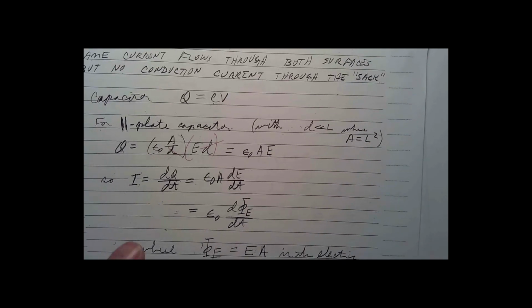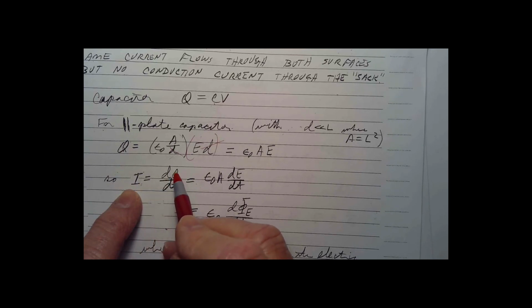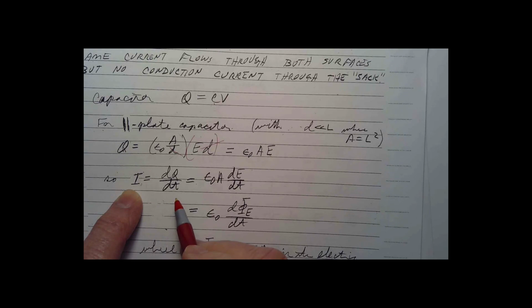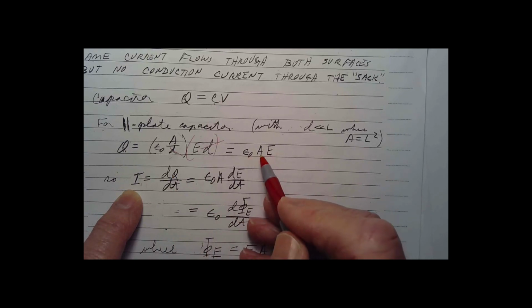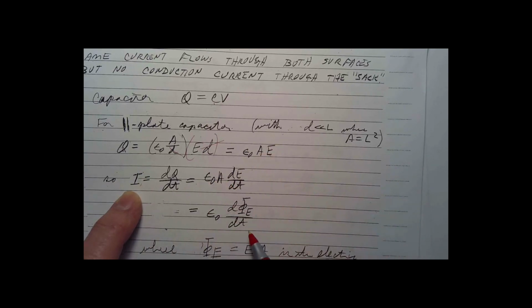Now, what is the current? The current is dq dt. Remember all these fundamental things? Hopefully this is coming together. So in dq dt, epsilon 0 is a constant, and A is a constant, so dq dt is just dE dt.